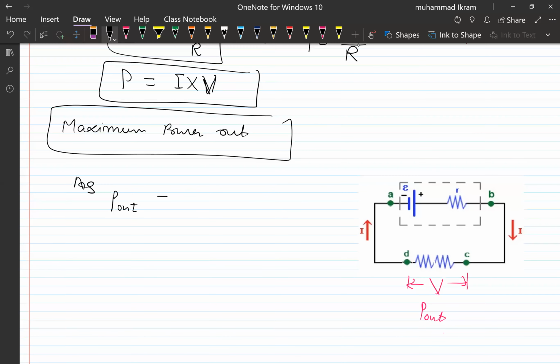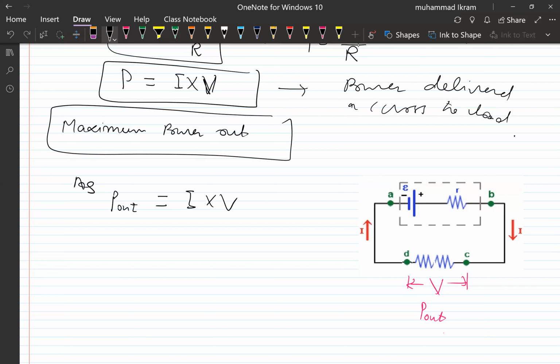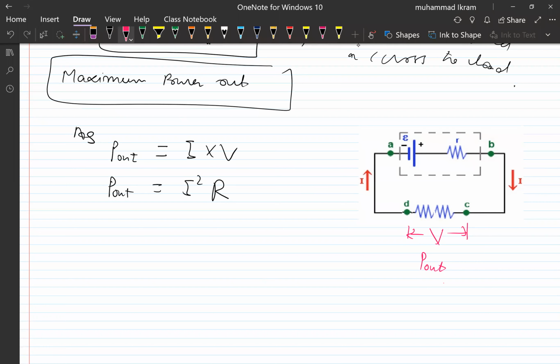As we know, the power out will be equal to I V, the power delivered across the load resistance R. We can write this power out as I square into R. But if you remember, I told you seconds earlier that this I is equal to E divided by R plus r.